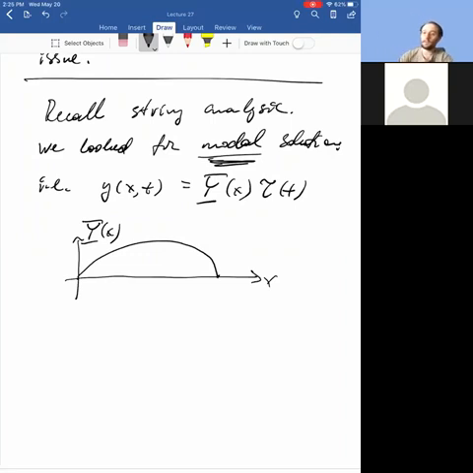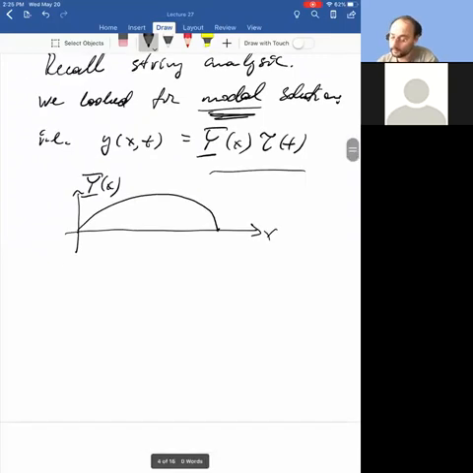We took this general form of the solution. We still don't know what y and tau are. And we substituted them into the equation that describes the motion of the string. Now we're not dealing with the wave equation, we're dealing with the Schrodinger's equation.